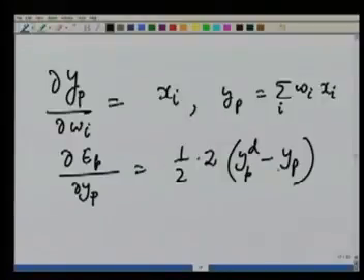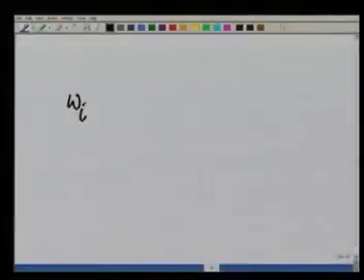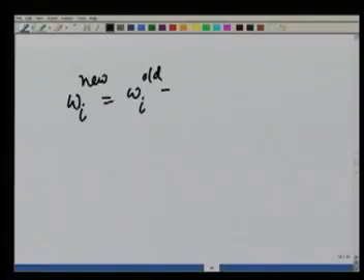Okay. Because with respect to y p you have to multiply by minus, so you finally land with a term like this. So, the final equation is: your w_i new is w_i old plus eta.